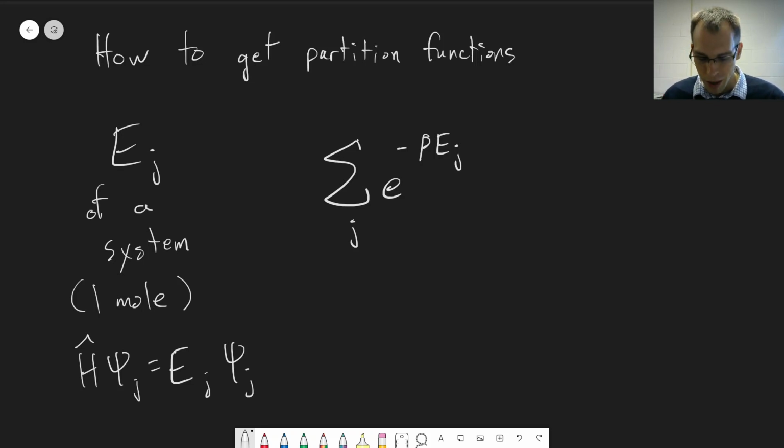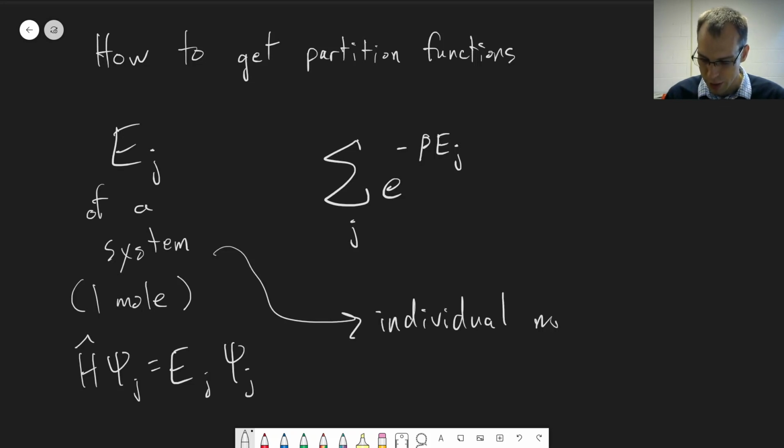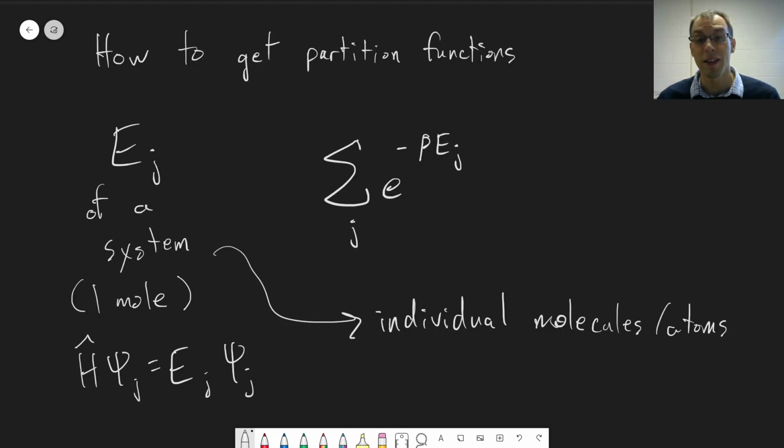So what we want to do instead is break down this system into individual components, or individual molecules or atoms, and see if we can take the information. This is the whole point of statistical mechanics: we want to take the information about a single molecule, the energy levels and what we know about it, and work up to a bulk system, right, to having n particles or whatever.